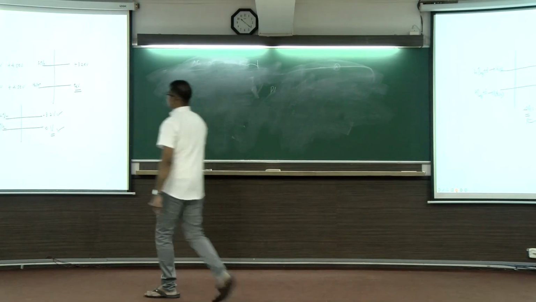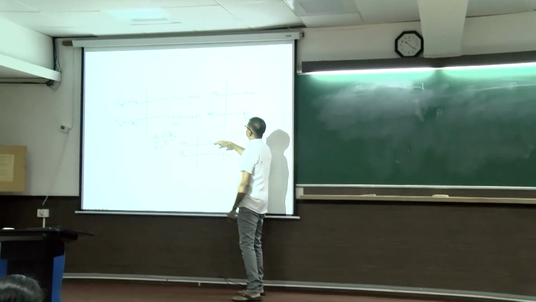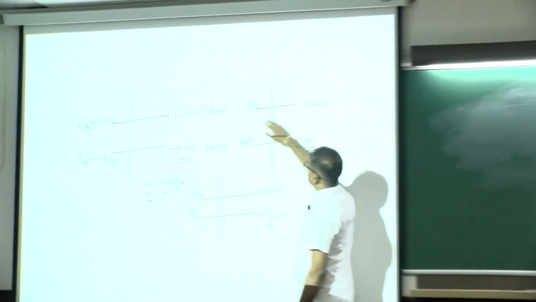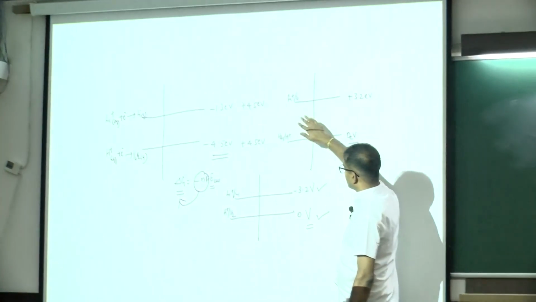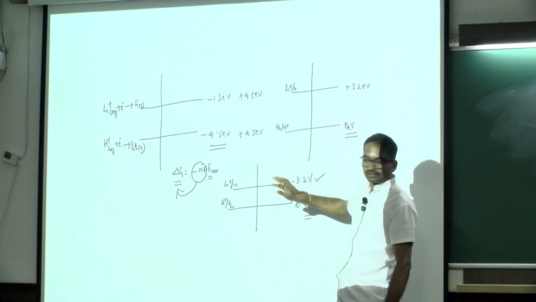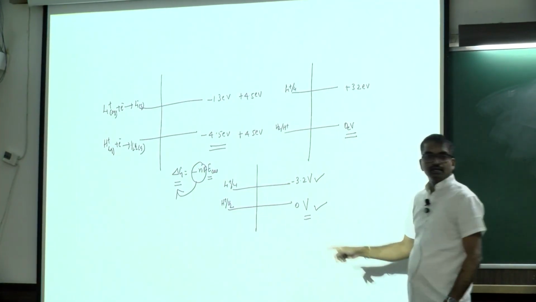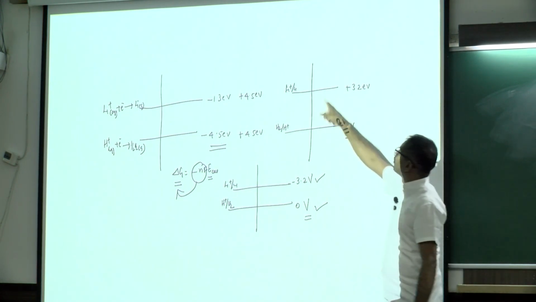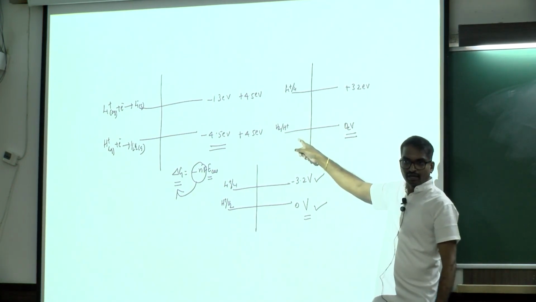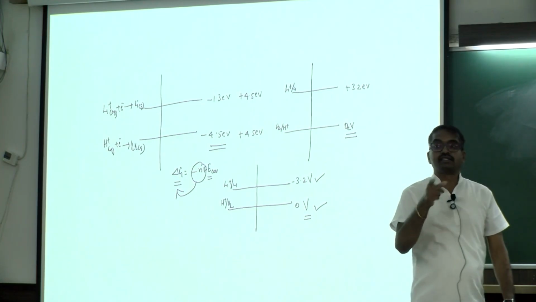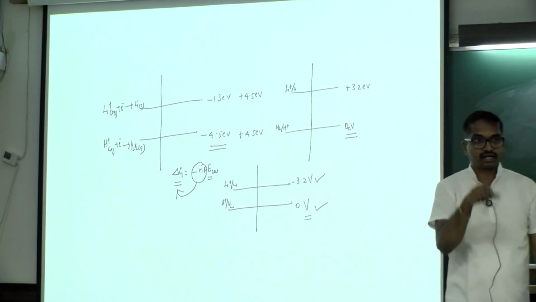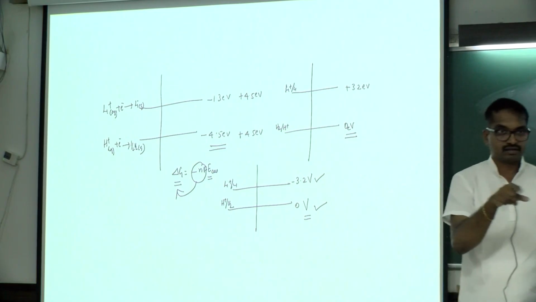Now, on the same scale, your zinc will come somewhere. This is energy, no? Let us now convert to a potential scale. Because all of them are one-electron processes, I am going to convert energy into potential. N is 1 electron, so I have to divide by F, the Faraday constant.